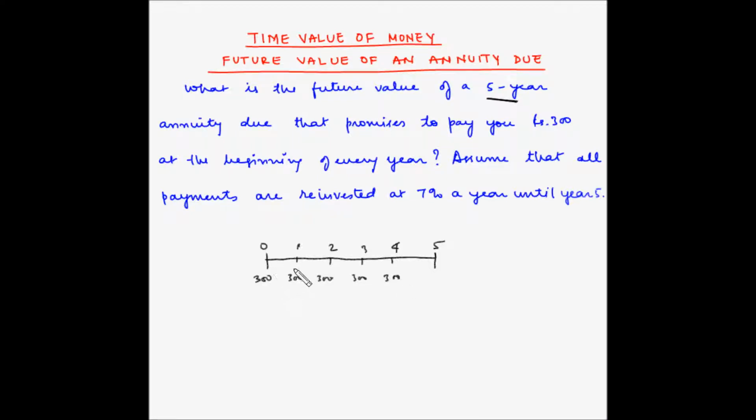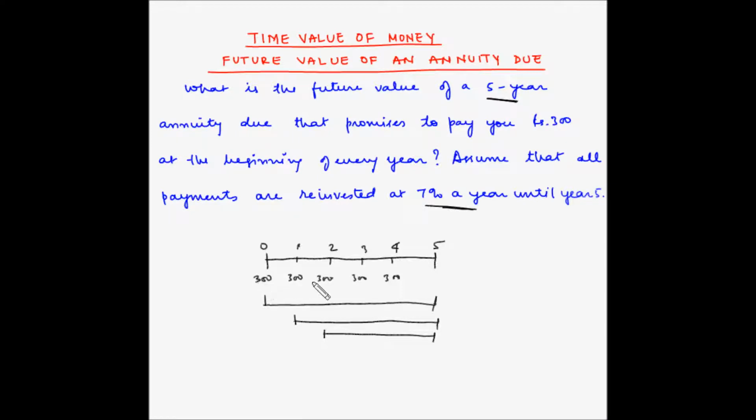Now once we get these payments from this annuity, we are going to reinvest these at 7% a year until year 5. So this 300 rupees will be invested at a rate of 7% per annum up till year 5. This 300 rupees will also be reinvested up to year 5. This 300 will also be reinvested up to year 5.